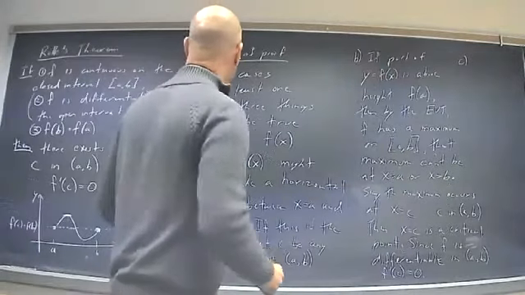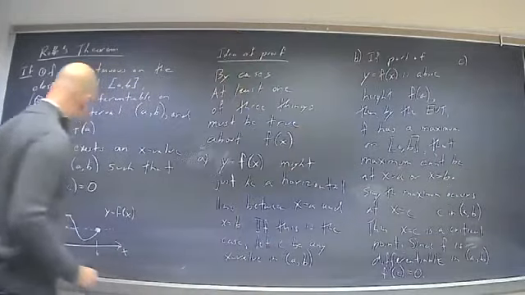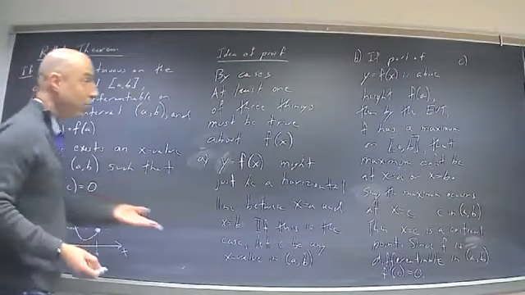So either it's a horizontal line, it goes above this height, or it goes below this height. Cases 2 and 3, B and C, could both be true.